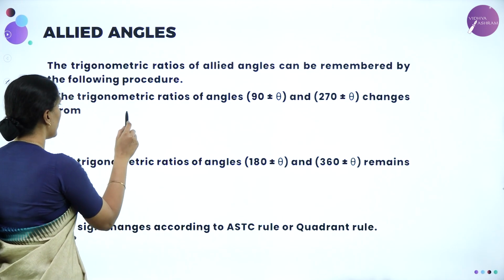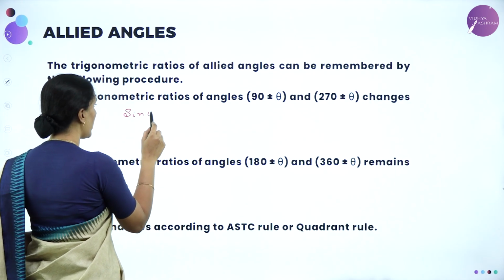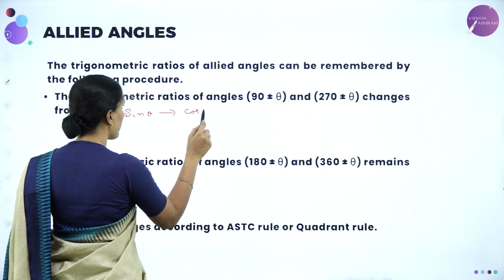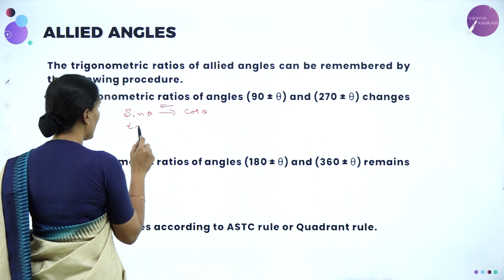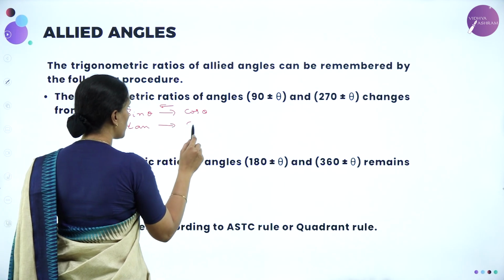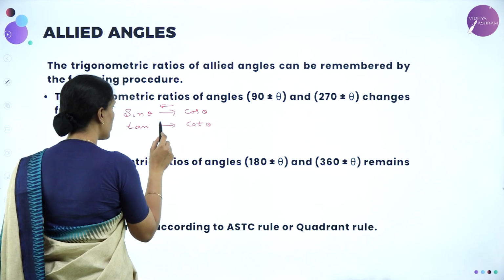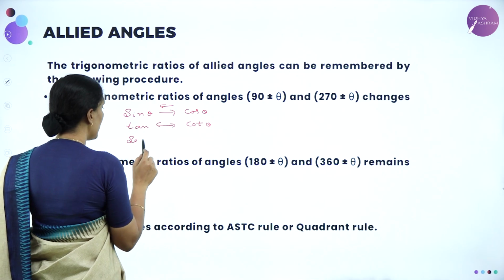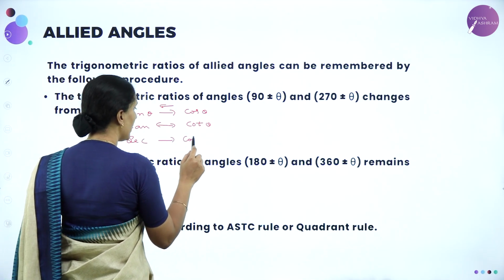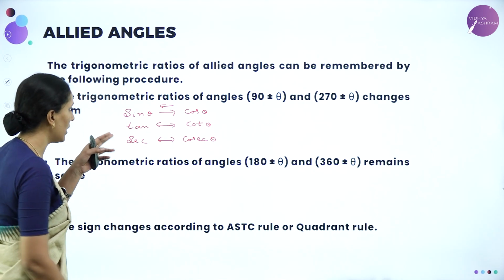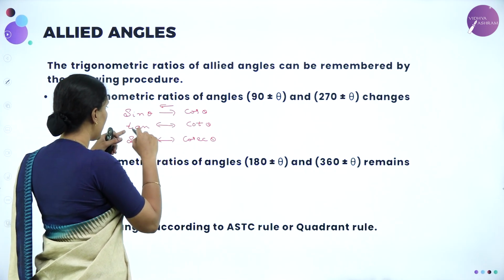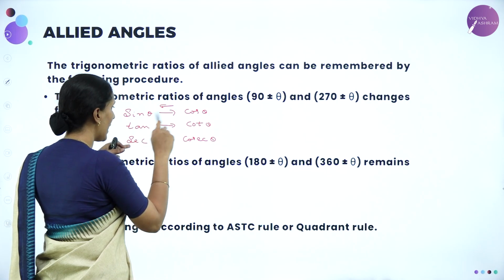So here sin theta changes to cos theta and vice versa. Cos theta changes to sin theta. Similarly, tan theta changes to cot theta and cot changes to tan. Similarly, secant changes to cosecant and vice versa. Cosecant changes to secant.